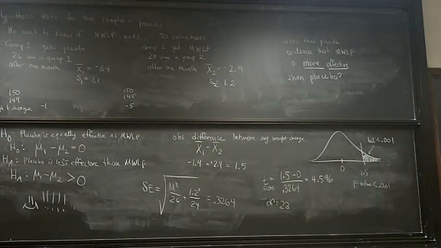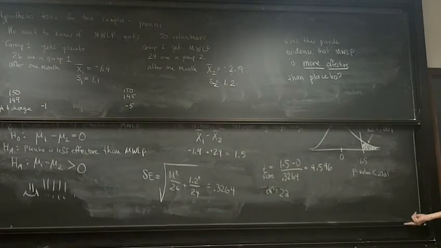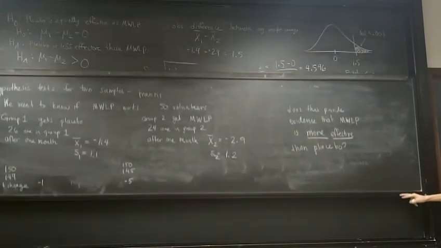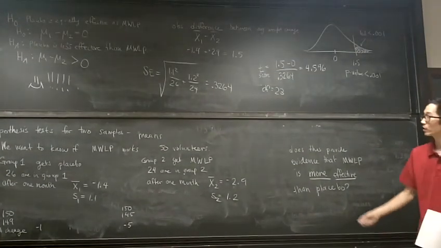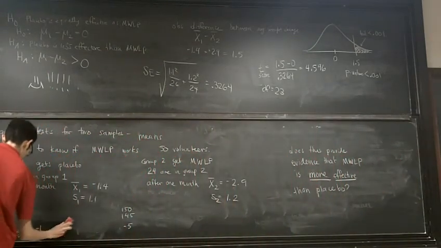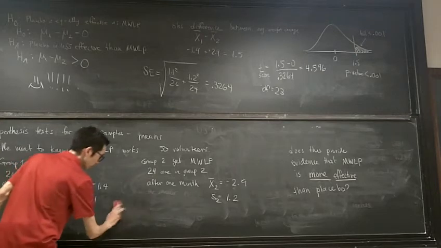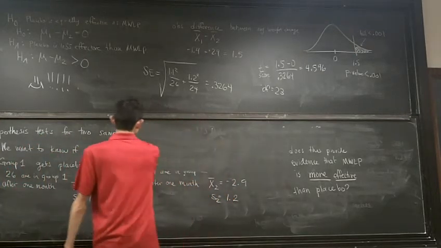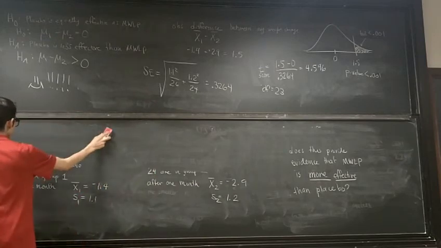Yes. I hope we're good. All right, so my p-value is less than alpha. So then what do I do? I reject the null, okay? So let me just erase some stuff up here.